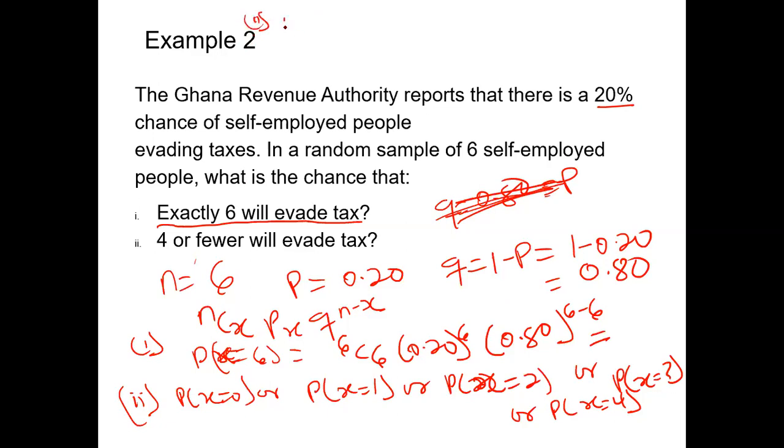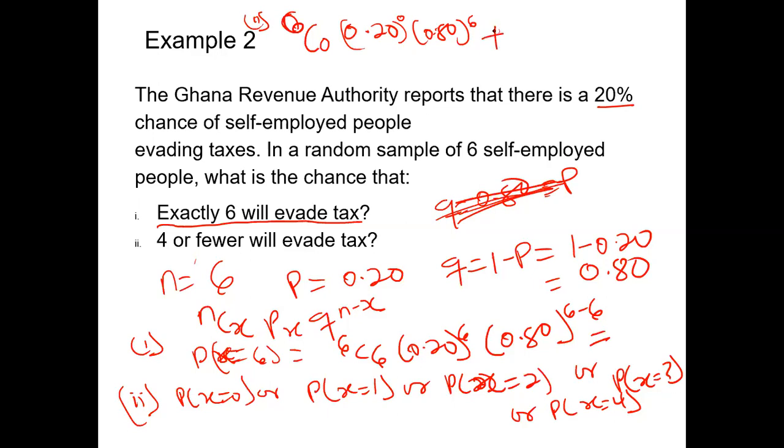When x is 0, it will be n, which is 6, combination 0, the p, which is 0.2, raised to the power 0. Then the q, which is 0.80 raised to the power 6, because 6 minus 0 is 6.